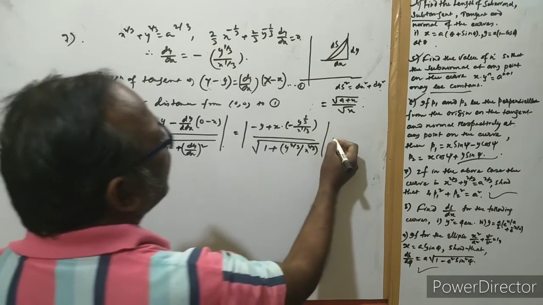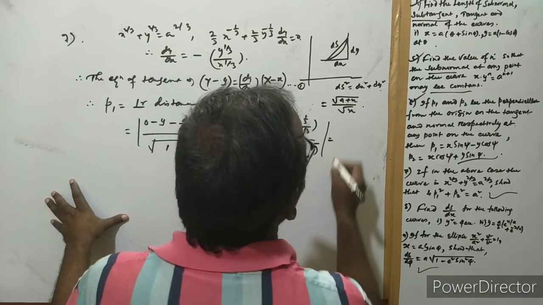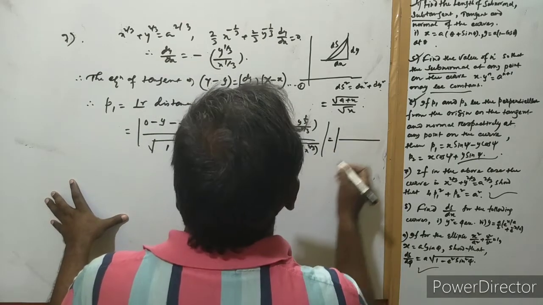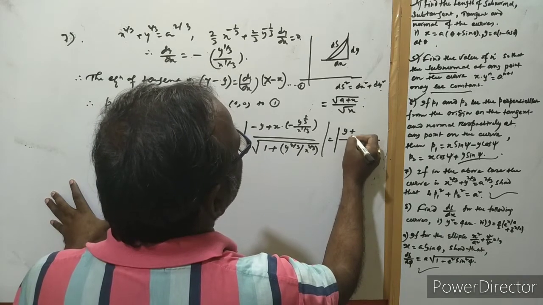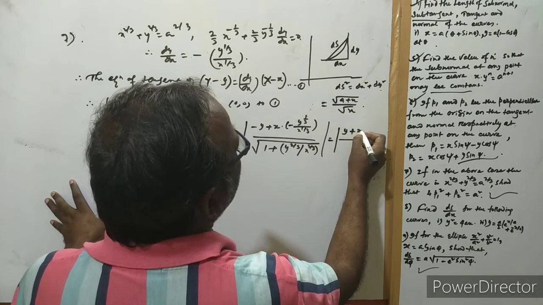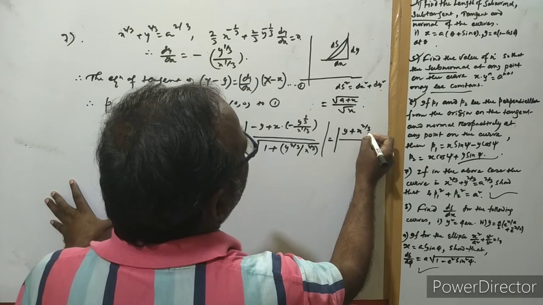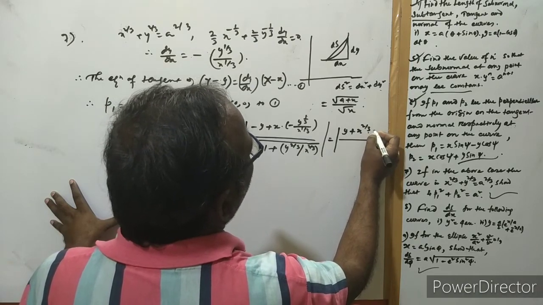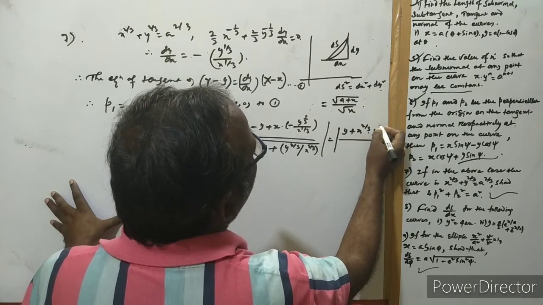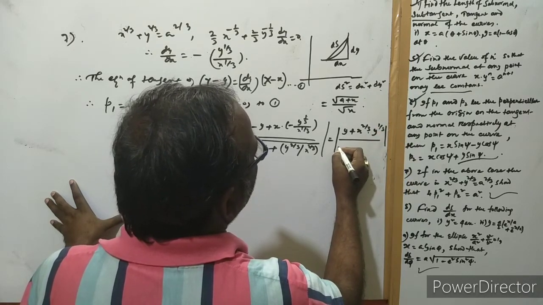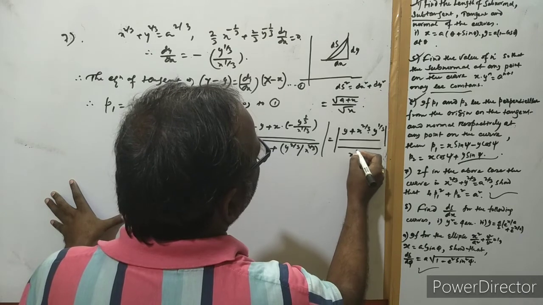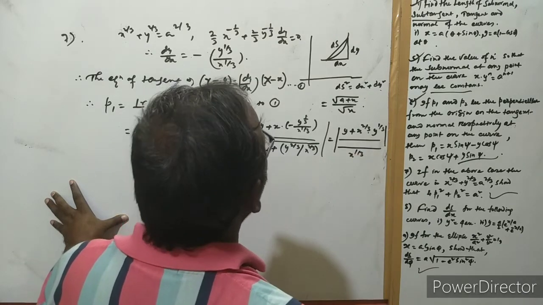So this is equal to y plus x to the power 2/3 and y to the power 1/3, by, take LCM, x to the power 1/3.